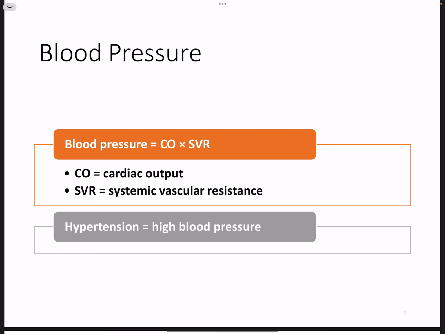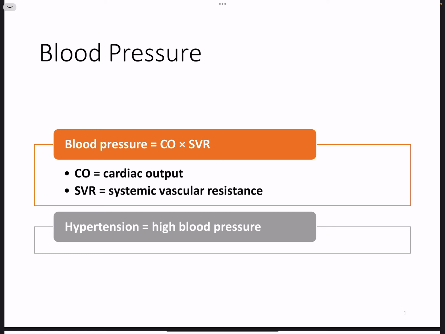One, if the blood pressure is higher than normal, and the other one, if the blood pressure is lower than normal. So if it is higher than normal, we say it is hypertension. And if it is lower than normal, then what we say? Hypotension. Good.